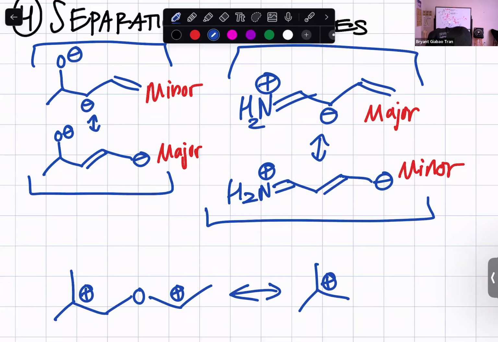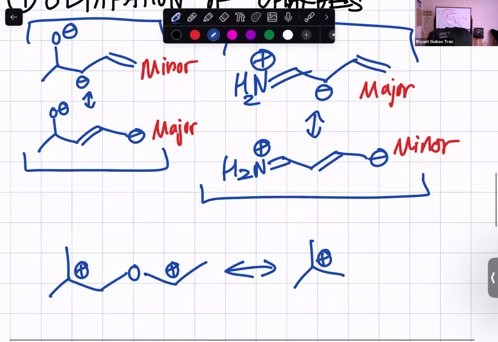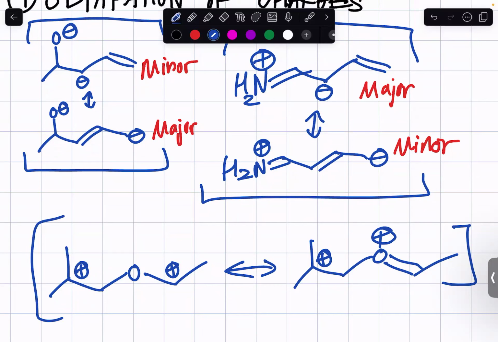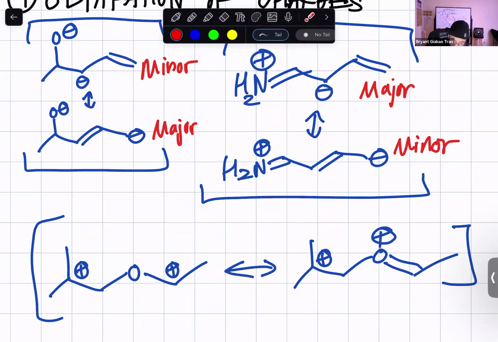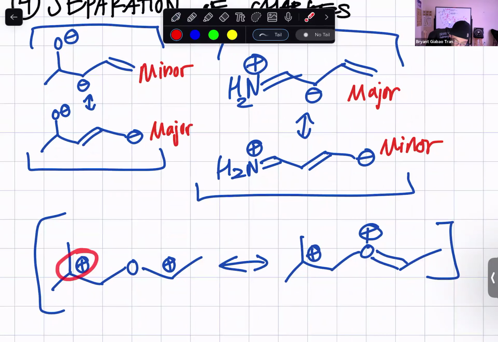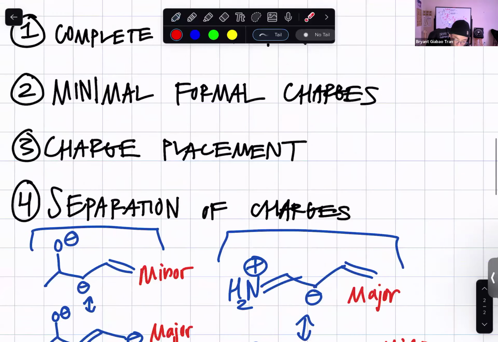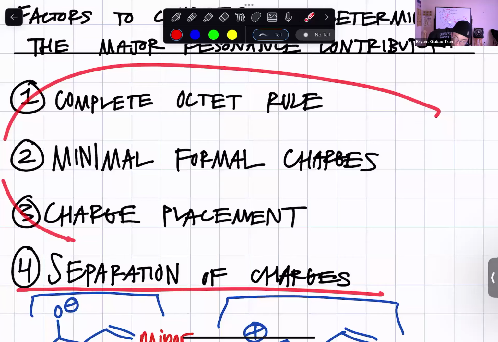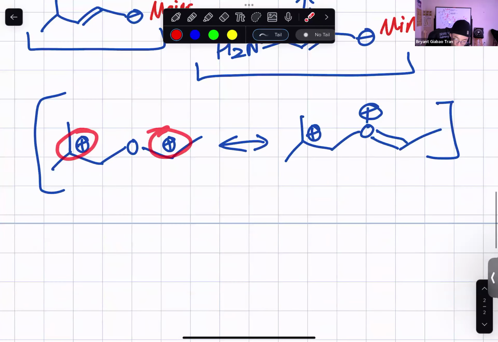This is actually a good one, and I'll show you why. Which one is major? Which one is minor? This is a little bit tricky. It looks like the left one, because the positive charges are as far away as possible, but this is the lowest priority factor. We didn't go over the other factors yet, but we'll come back to this question and re-answer it.